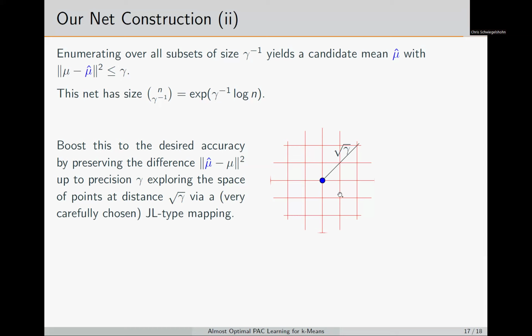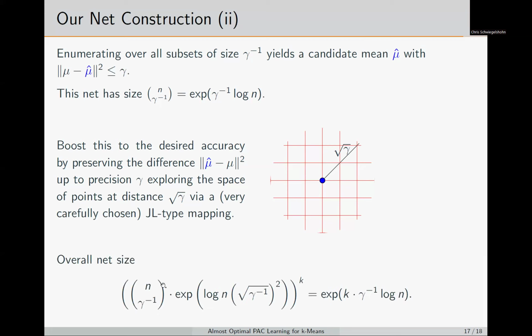In this case, it is enough to aim for a target dimension of the order of square root of gamma. So the overall net size for every candidate solution is this enumeration of means, which is n choose gamma to the -1, times the target dimension of the Johnson-Lindenstrauss dimension reduction with this refined precision of the order of square root of gamma to the -1, and you compose this for all k clusters. So you obtain an overall net size of 2 to the k times gamma to the -1 log n, as desired.